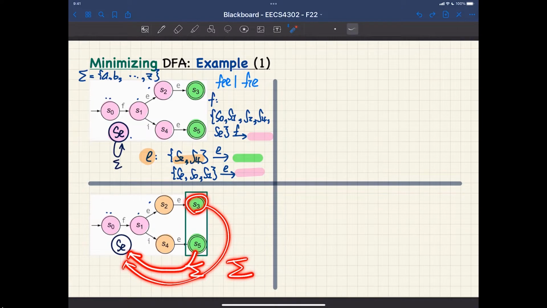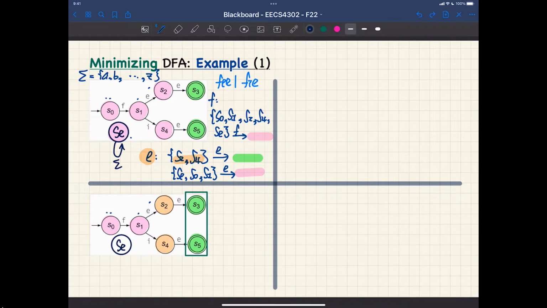If they go to the same partition, we consider these 2 states as equivalent, so we don't need to split them. Make sense, guys? Okay. So in this case, I can just do a little bit of drawing here. You can think about this one here, and also this one here. Any character, so they go to the same place. So we don't split them.